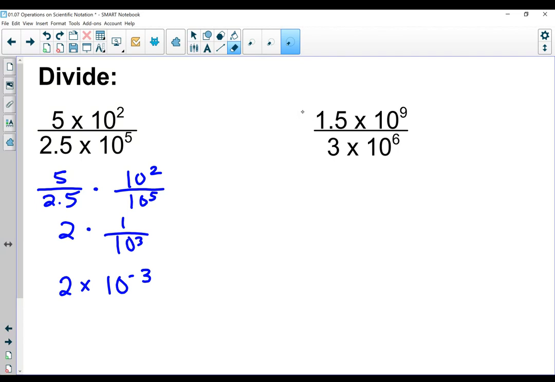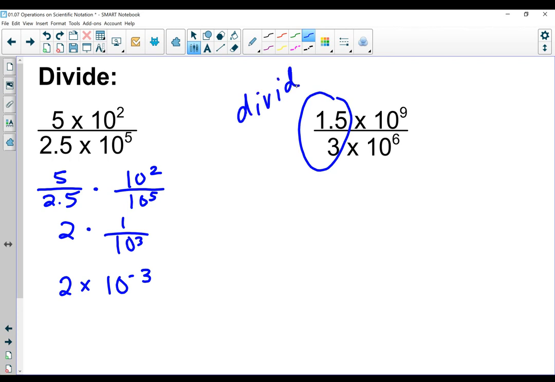So we found that we're going to divide the 1.5 and the 3. And then I'm going to take my exponents over here and I'm going to subtract. And the order that we subtract in is really important. We're going to do numerator minus denominator. So I'm going to write top minus bottom. We'll keep our vocab really simple.